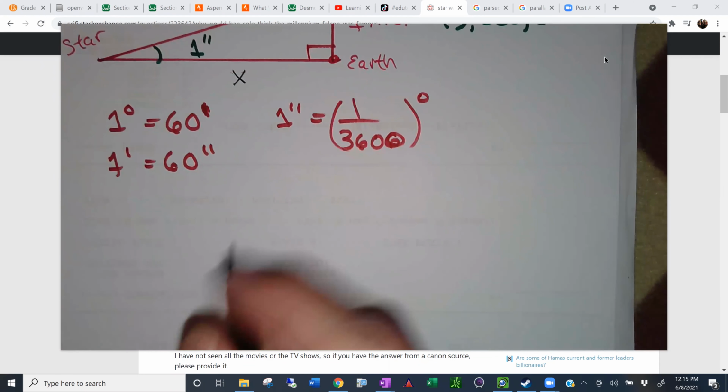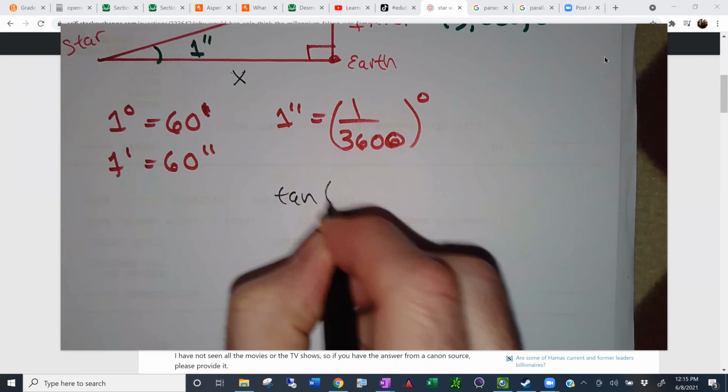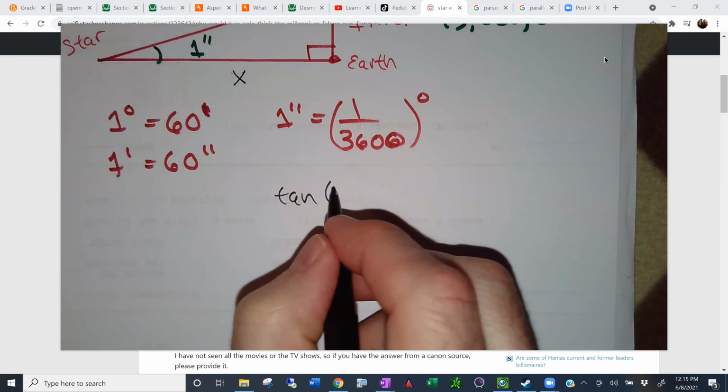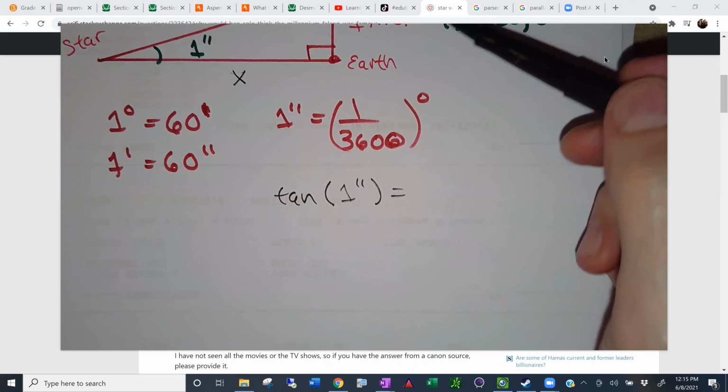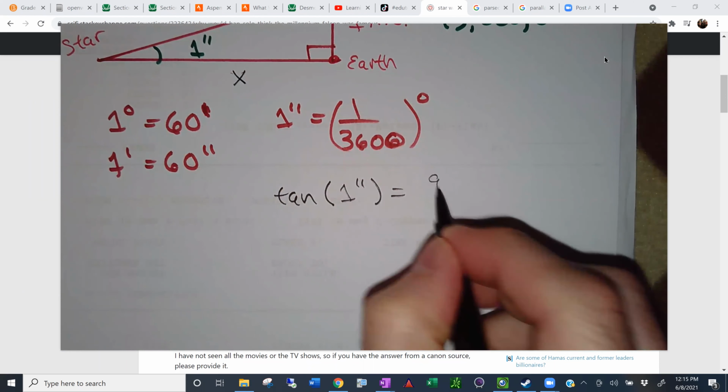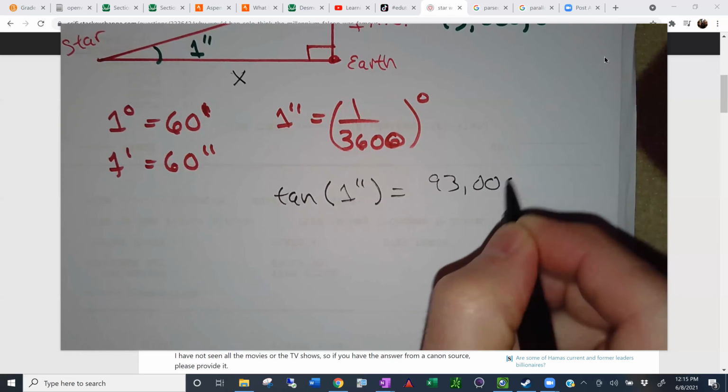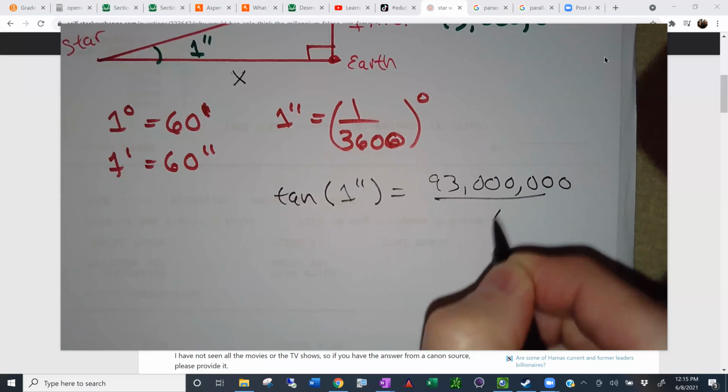Tangent. So the tangent of 1 second is going to be opposite over adjacent. So it's going to be 93 million over x.